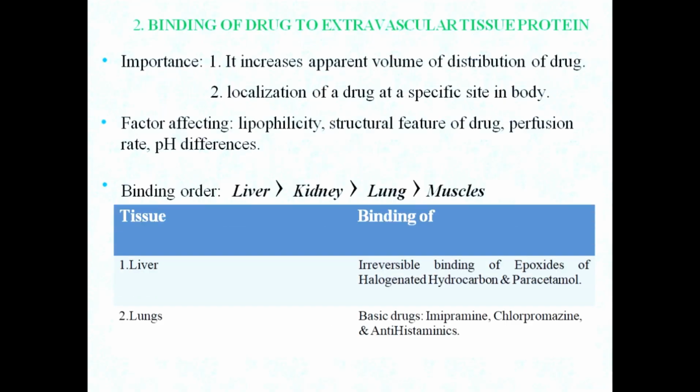Next is binding of drug to extravascular tissue protein, such as liver, kidney, lungs, muscles. These are extravascular tissues and are capable of binding the drug. For example, the liver irreversibly binds drugs like halogenated hydrocarbons and paracetamol. Lungs bind basic drugs like imipramine, chlorpromazine, and antihistaminic drugs.